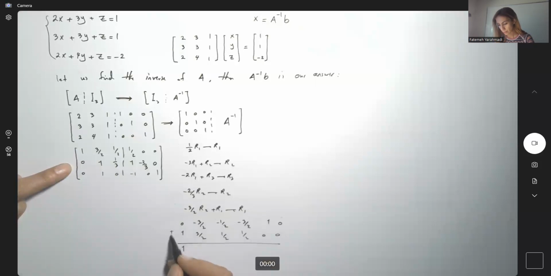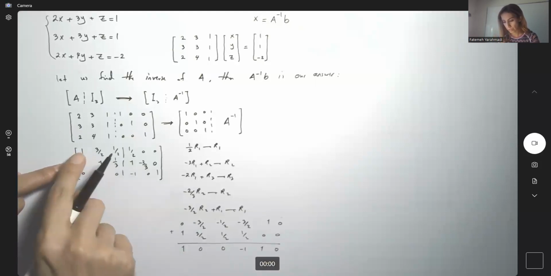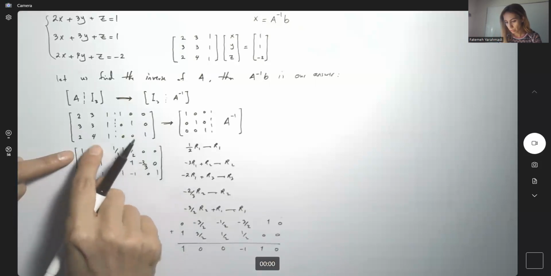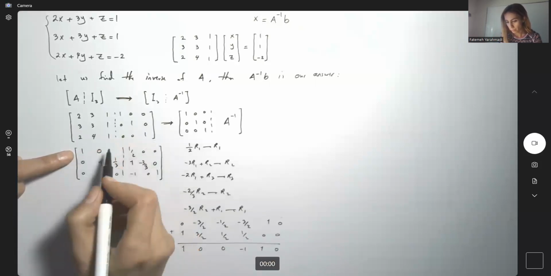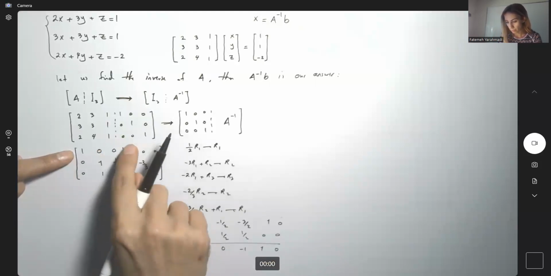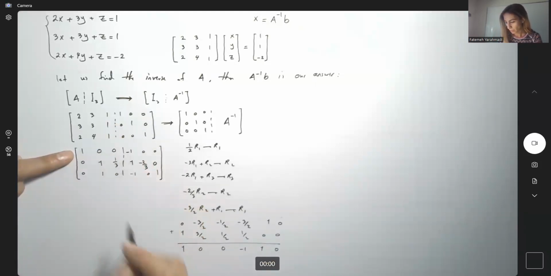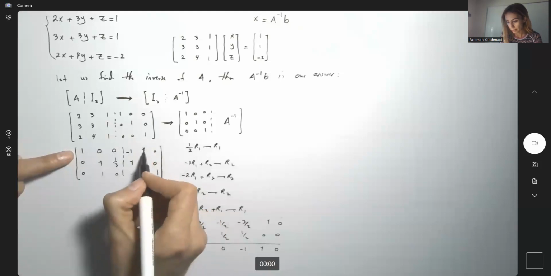So it stays as 1, this is 0, this is 0. Then here I get negative 1, 1, and 0. So this guy is now 1, 0, 0. And then I have negative 1. And I have 1 and 0.